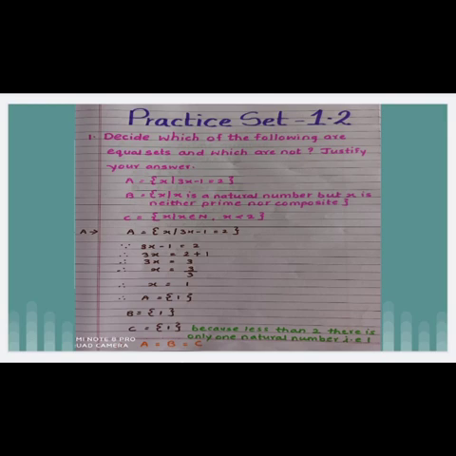Now see 3x, between 3 and x there is a multiplication sign. So when this 3 is shifted to the opposite side, it becomes division. Hence we write here x is equal to 3 upon 3. 3 ones are 3. Therefore x is equal to 1.